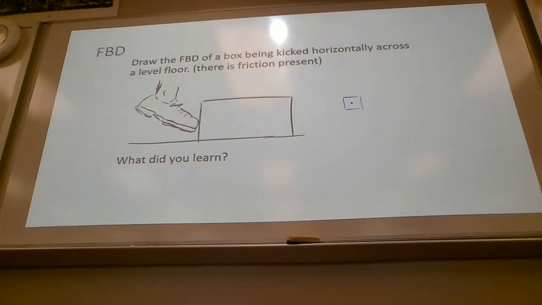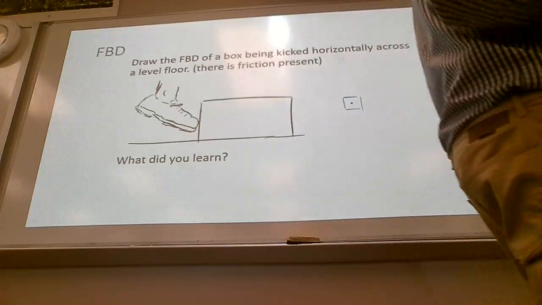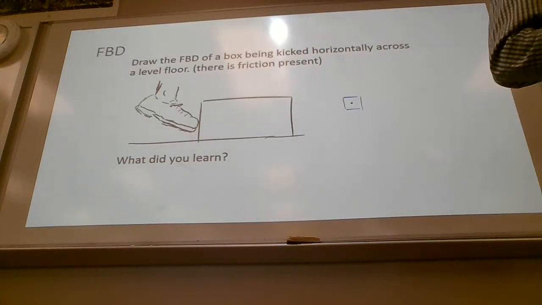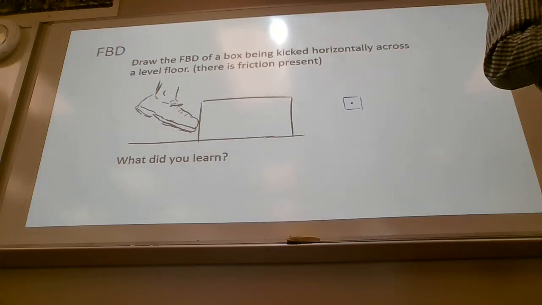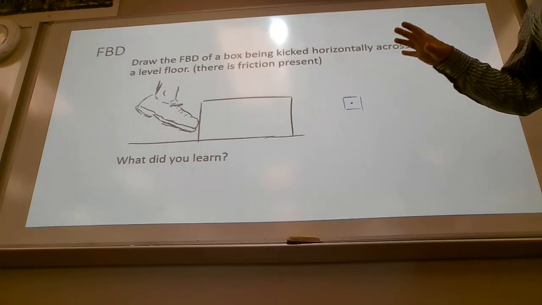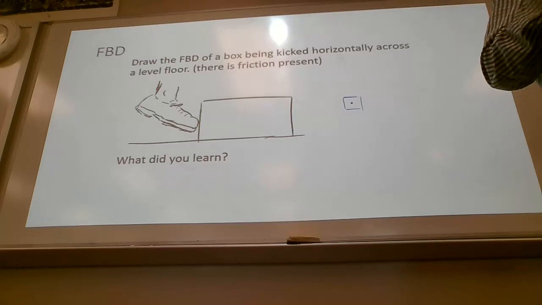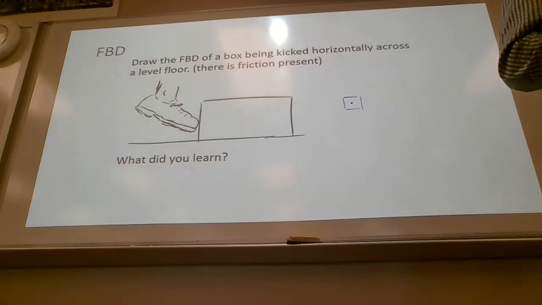Good with that? Are these like vectors, like you have to make them longer and shorter? Great question. Do we need to make them longer or shorter? If we were doing it to scale, yes. This just gives us a platform. You can if you'd like, but I'm not gonna grade that.